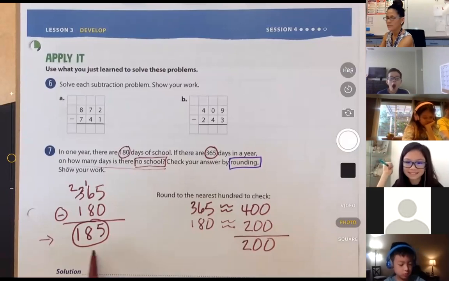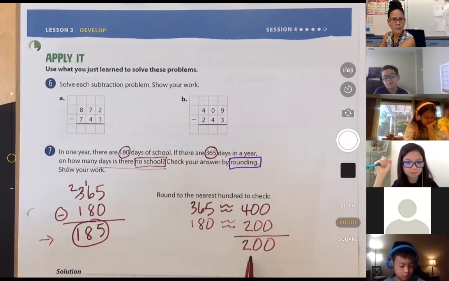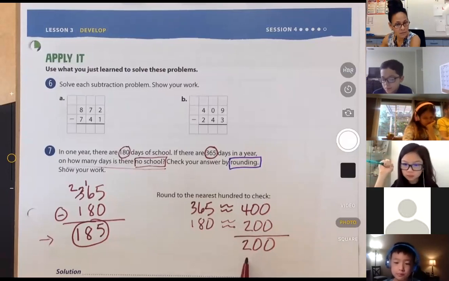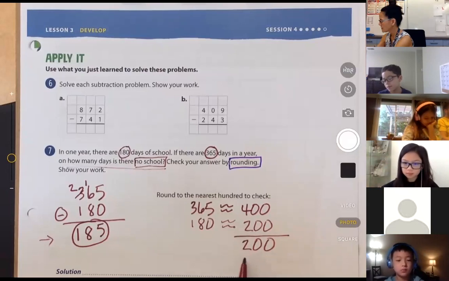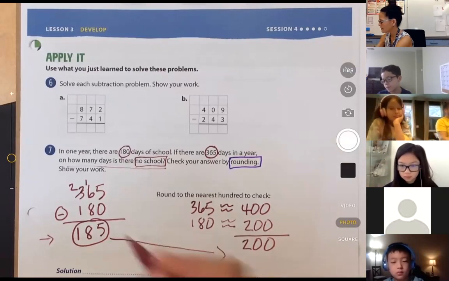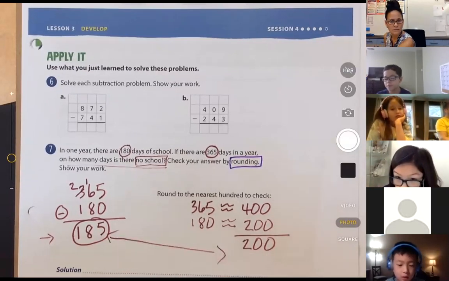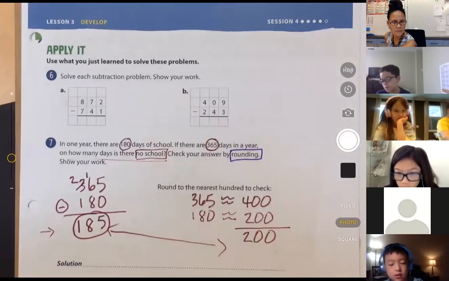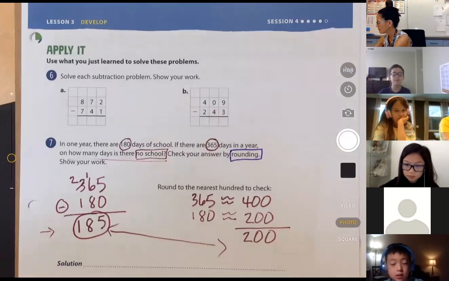So the actual math is showing 185. That's what I calculated. My rounding or my estimation is 200. Are these close? Yes, they're very close. Is my answer reasonable based on my rounding? It absolutely is. I'm going to call that good.